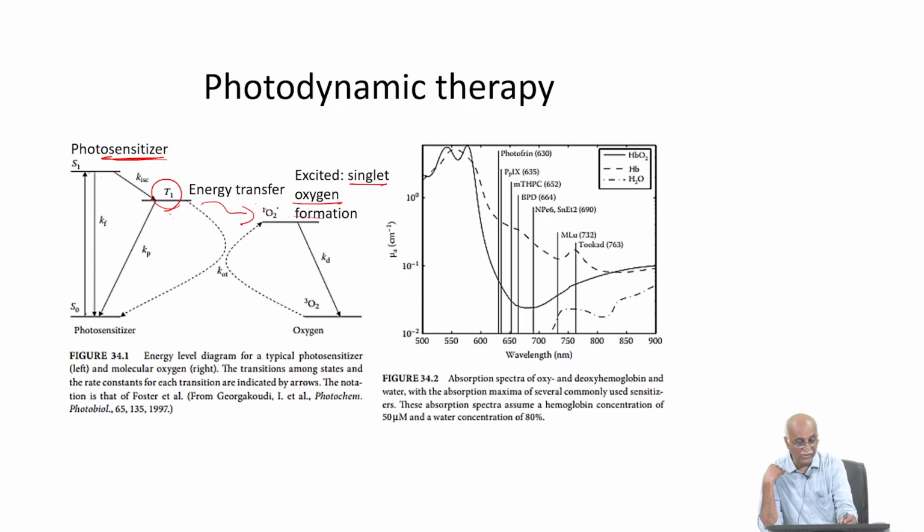This singlet oxygen acts as a toxic material and is responsible for the tissue necrosis. These dyes have different wavelengths for sensitization. 660 nanometer red light is used, depending upon the type of sensitizing material we use.